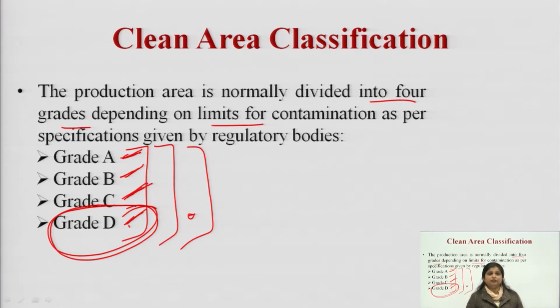The aseptic area is used for the preparation of parenteral products, which must not get contaminated with any microbes or dust particles. So, the aseptic area is the area free from microorganisms, grade A.